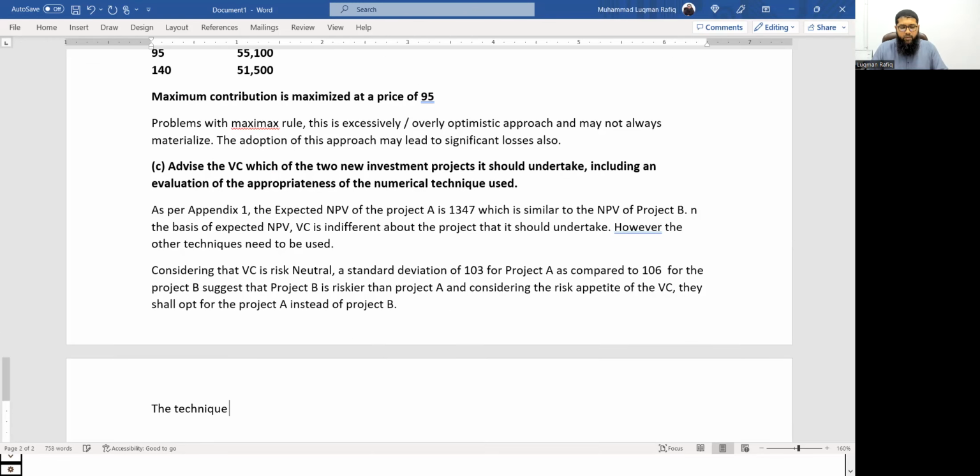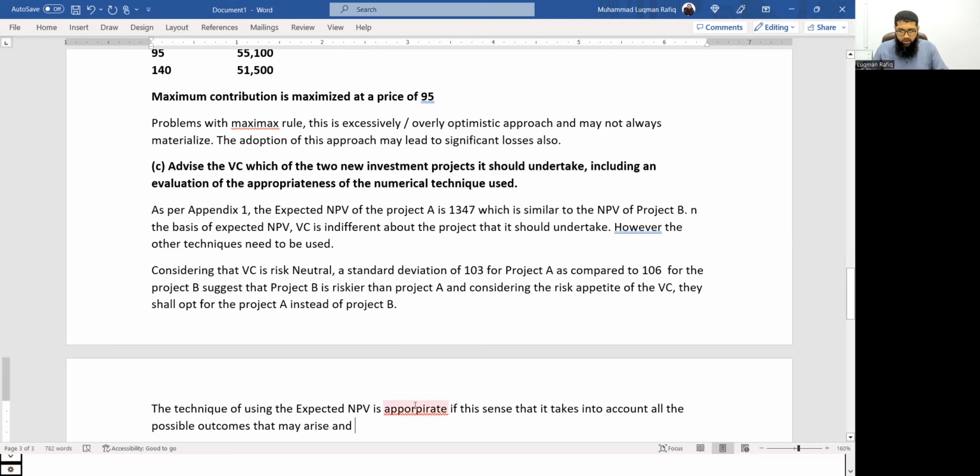The technique of using the expected NPV is appropriate in this sense that it takes into account all the possible outcomes that may arise.